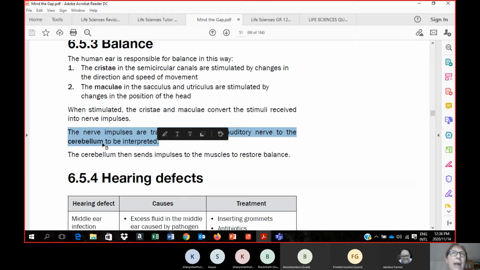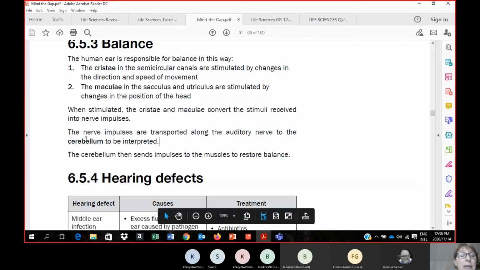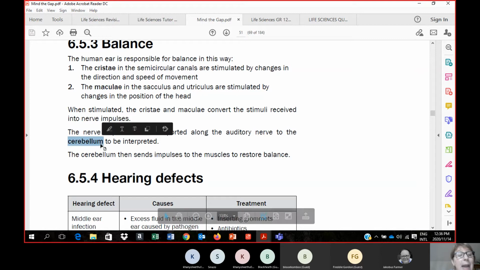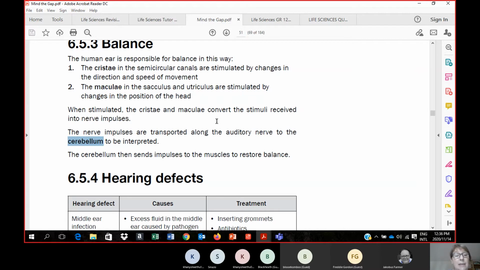But remember right in the beginning when we did the structure of the brain, and this is really important, now the nerve impulse is sent to the cerebellum, because your cerebellum is involved in balance and coordination, right? So it is going to work together with the cristae and maculae to keep your balance.